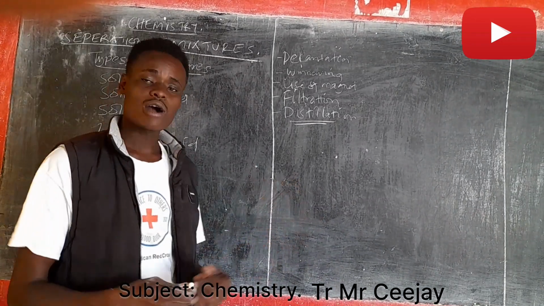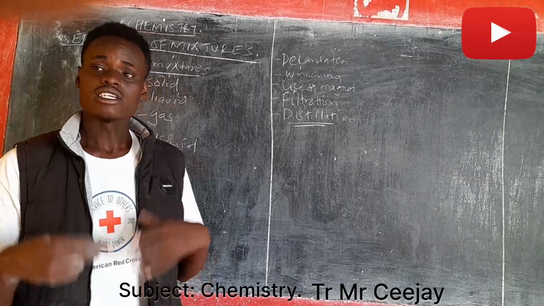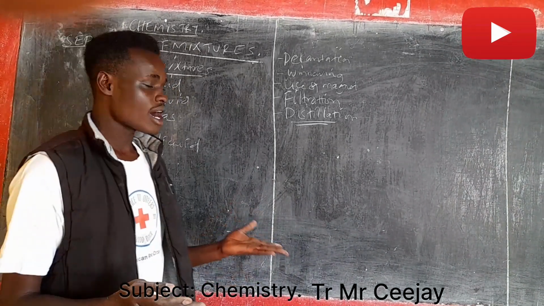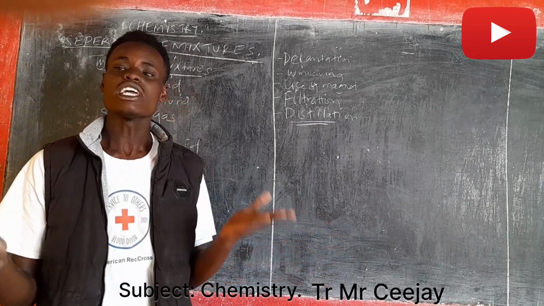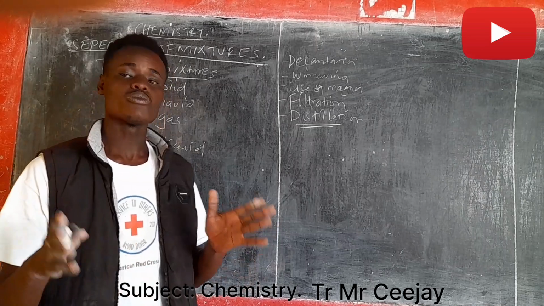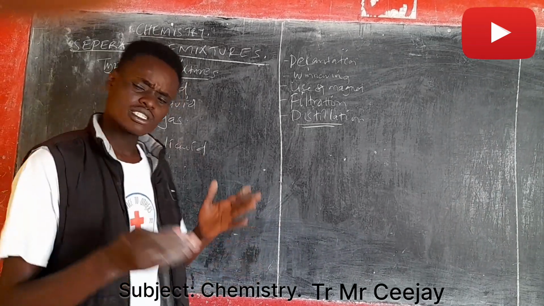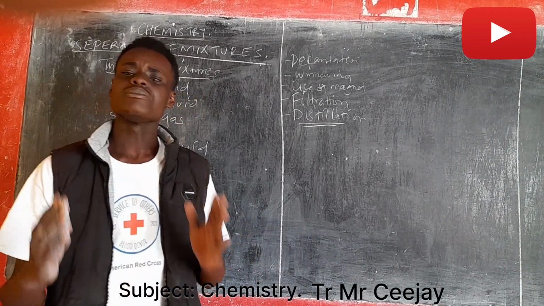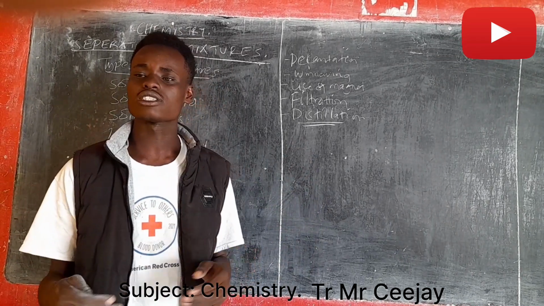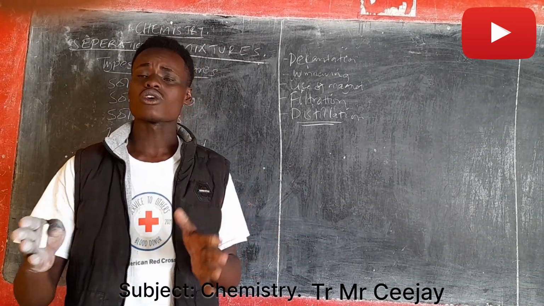But when we talk about fractional distillation, it is a bit complicated, but we are going to understand it, whereby we are going to separate two miscible liquids. When we say miscible liquids, we mean they can mix completely. For example, we are going to use ethanol and water.